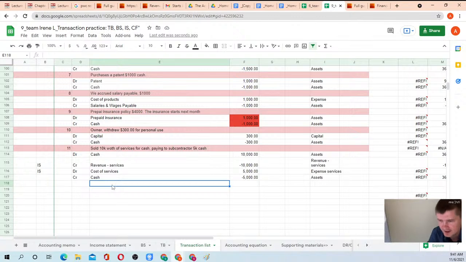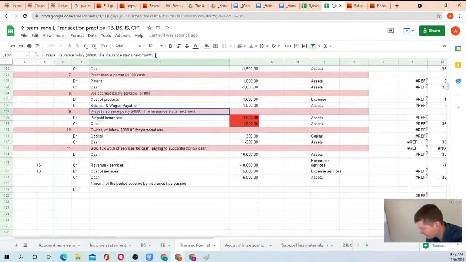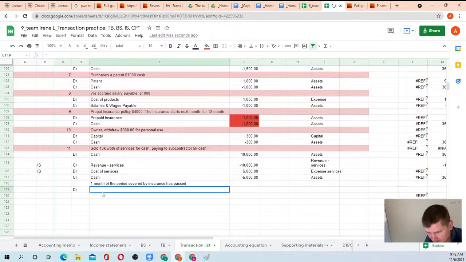For example, if 1 month of the period covered by insurance has passed, we need to put a lot of details here, so let's just make it 1,000.